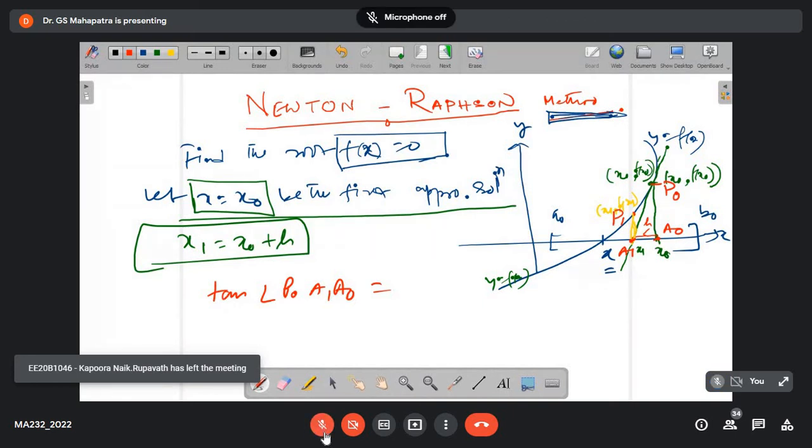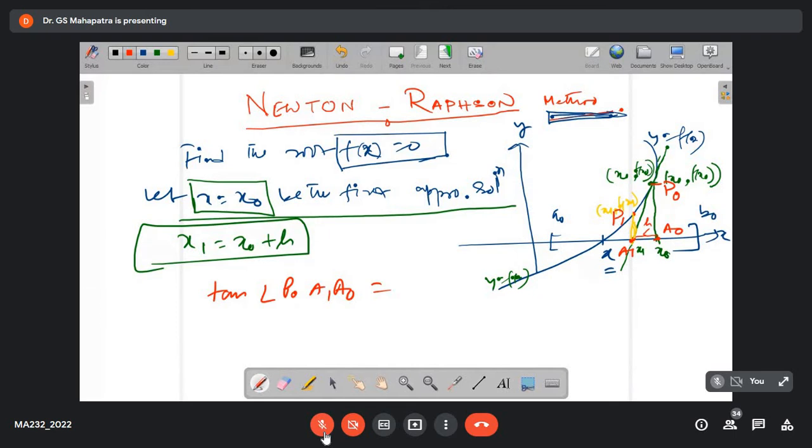Yeah, from this figure you can tell me the answer, I will write here then. So, tangent for the angle P0, A1, A0. Okay, f of x0 by h.